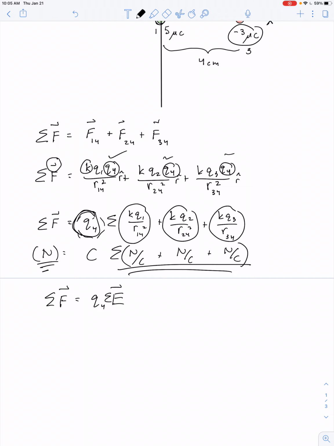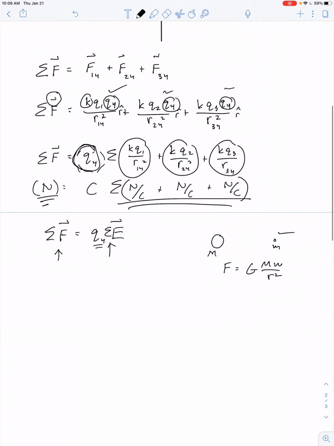So if I multiply the net electric field times the charge, I get the net force on that charge. This is very similar to finding the net force gravitationally. If we had one planet and one satellite, and we had to find the force on the satellite, then we're just going to use Newton's law of universal gravitation. If we call the planet capital M and the satellite lowercase m, then the gravitational force is G M m over r squared.